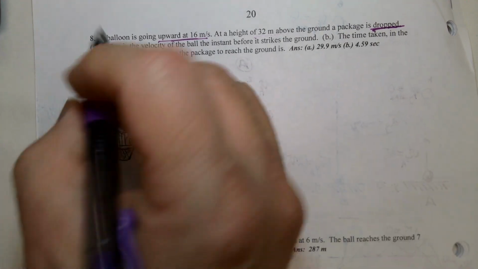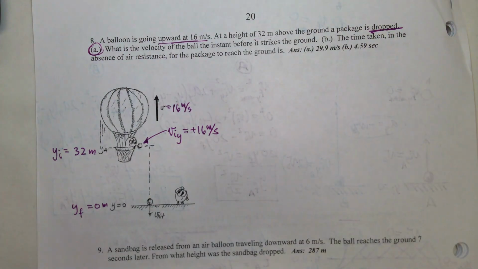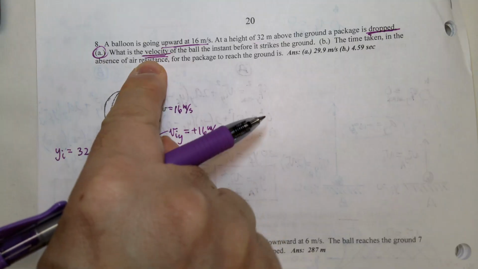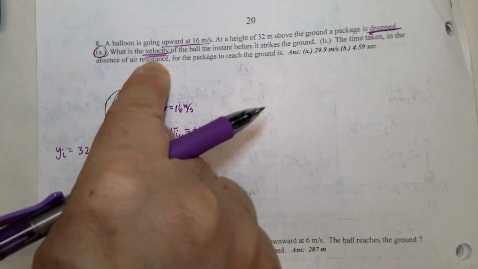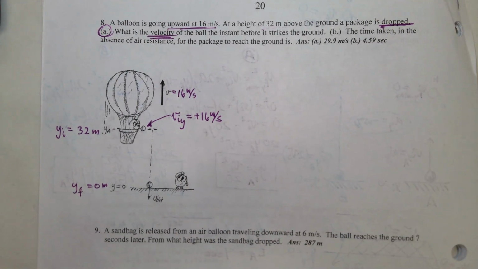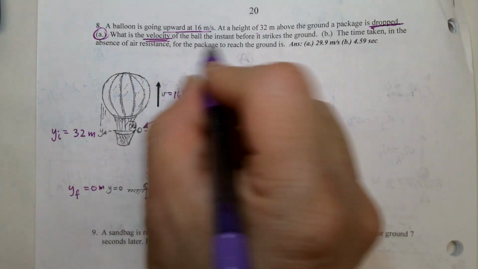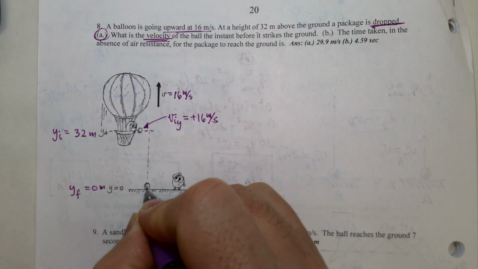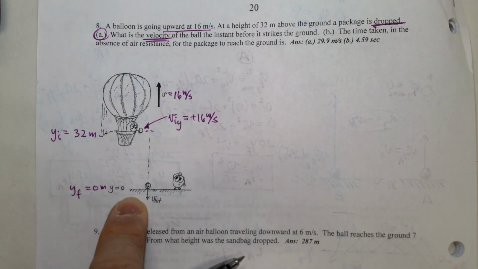They're asking for part A, what is the velocity of the ball? Now, be very, very careful here. They want the velocity, so it has to have direction too. All right? Instant before it strikes the ground. So they want to know what this final velocity is, right here, right before it hits the ground.